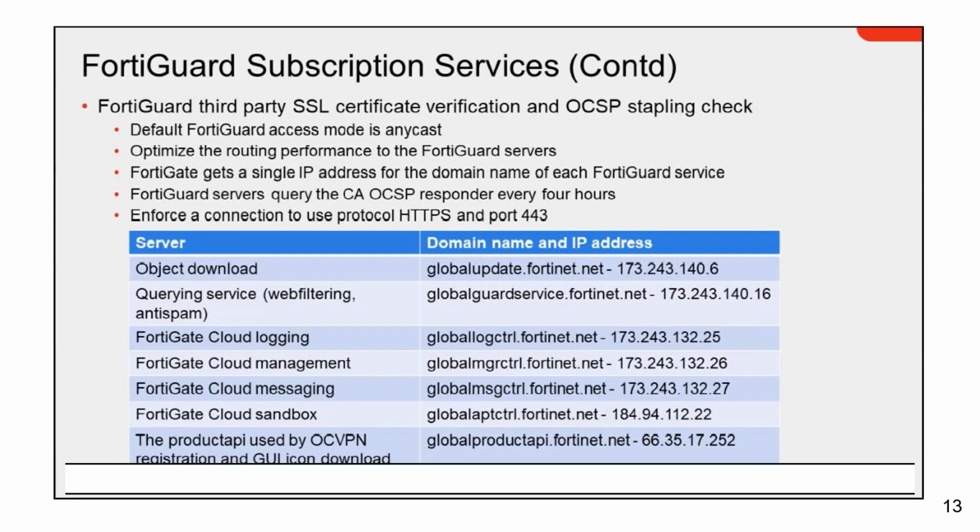For example, if an object needs to be downloaded, it goes to globalupdate.fortinet.net. If it needs to do a query, it goes to globalguardservice.fortinet.net. For FortiGate Cloud login, this is the URL. For cloud management, this is the URL.